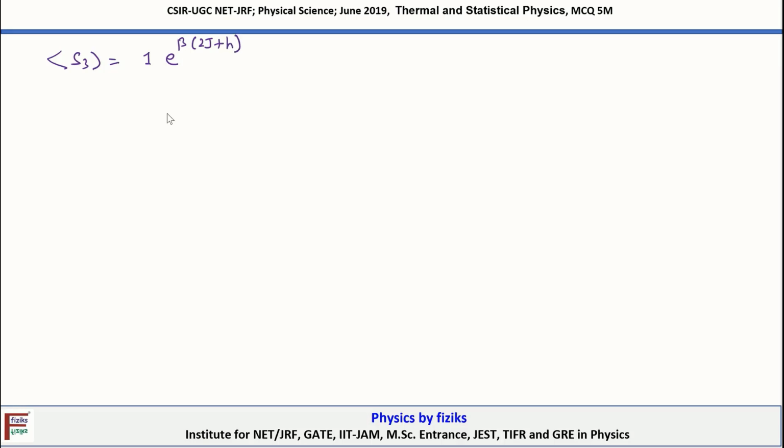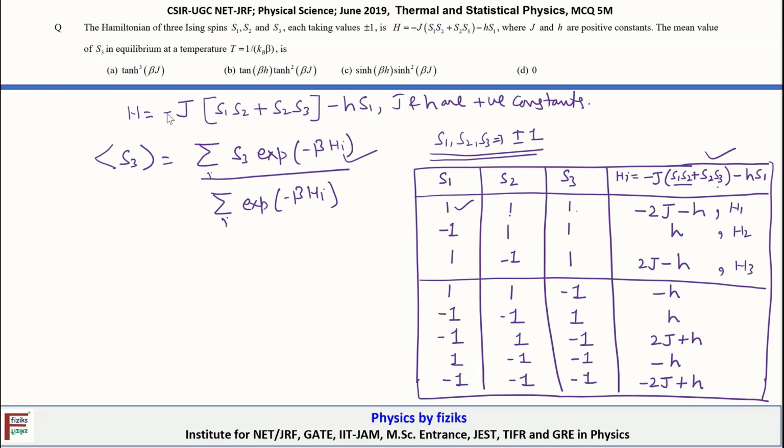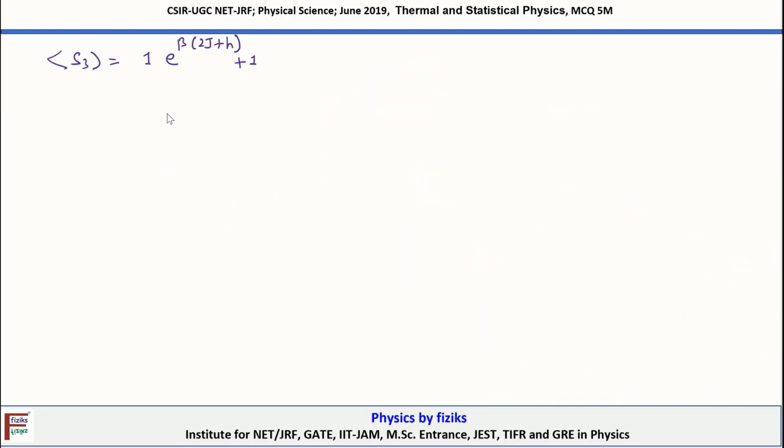Okay, and then the second term, plus the S3, that is 1 for the second case also. So plus 1, and now we have the H. Let me go back to the previous page again. So in this case we are having two H values for energies. One is this one and another one is this one. So I'm going to club these two terms here. Similarly we are going to follow the same procedure for the remaining energy terms, and if I club these two terms, here I will have a factor of 2.